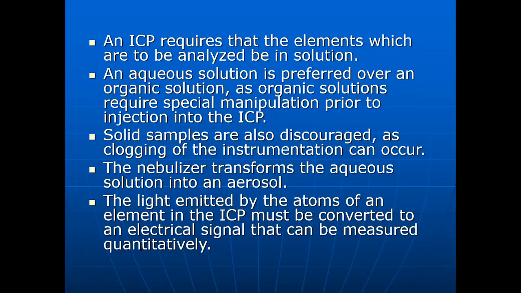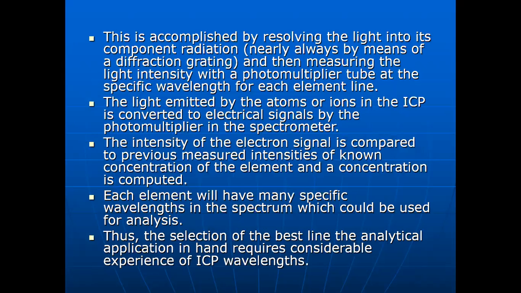The light emitted by the atoms of an element in the inductively coupled plasma must be converted into electrical signals that can be measured quantitatively. So whenever that emission takes place, the instrument observes the energy and converts it into electrical signals, which are converted into quantitative information. This is accomplished by resolving the light into its component radiations, and then measuring the light intensity with photomultiplier tubes at the specific wavelength for each element.